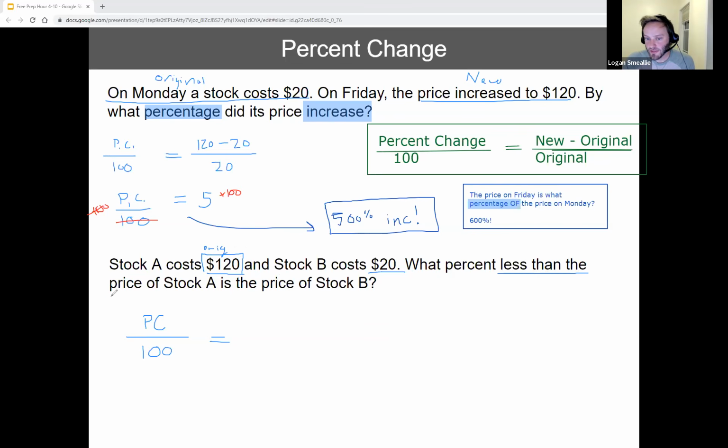It's right here, less than the price of stock A. Really good tip is that whatever they say less than or greater than, whatever that thing is that you're comparing to, it means that A is the original. You can call it the original in this situation. It's the starting point that we are comparing to.